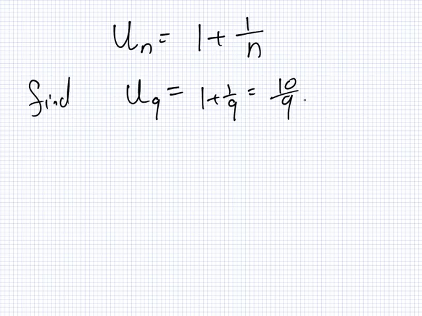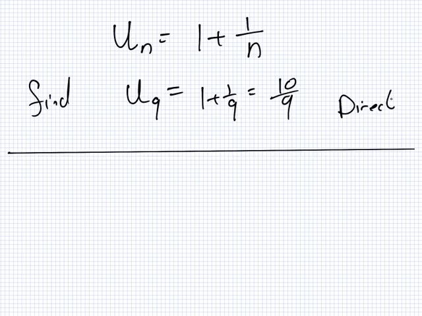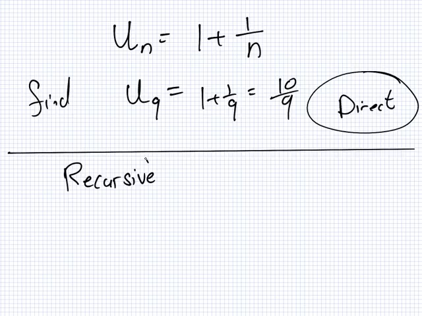Okay. Now, there is another way to write down a sequence. So far, this method is a very direct method. You write the formula down directly. But there is another method called recursive, and let me show you what that means.